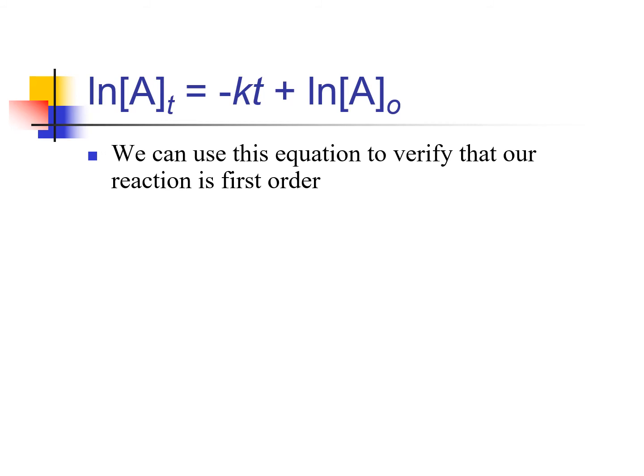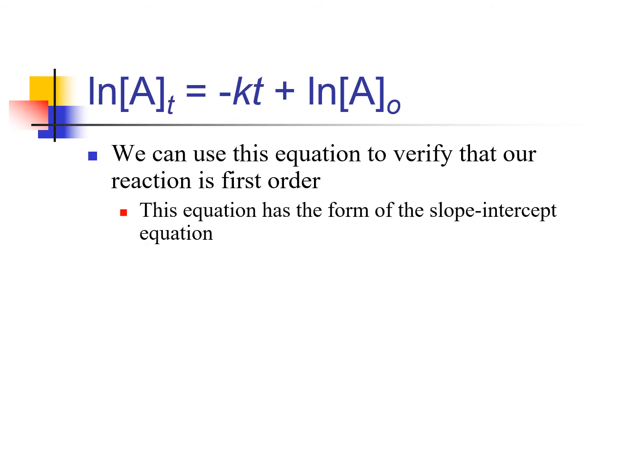So back to that. We can actually use this equation to verify that a reaction is first order. How do we do that? We graph it. This equation is actually the slope-intercept equation in disguise. Slope-intercept is y = mx + b. This is y, negative k is m, t is x, and the natural log of A sub 0 is b.